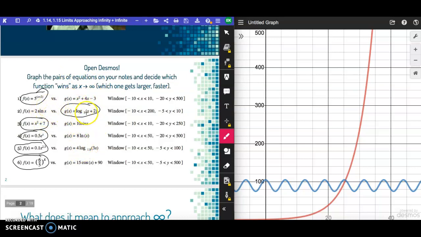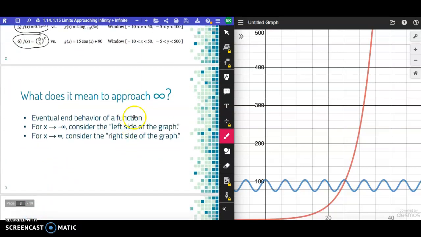So those might be the second least dominant. And then between your polynomial and exponential functions, the exponential functions won every single time that they were paired against anything. So we would say the exponential functions are the most dominant, and we'll put this into more formal note taking in a minute.